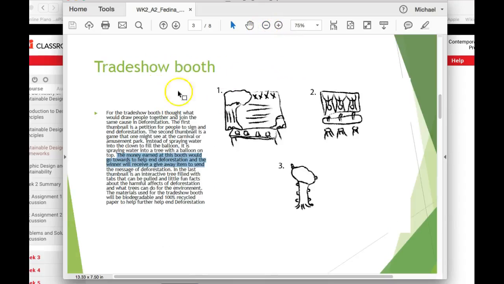The only thing missing from your trade show booth are your materials, and I need materials for everything here. All of your materials need to point to sustainability. Designing a trade show booth using recycled materials isn't enough. You have to tell us exactly what everything here is made from, including the substrate for the background, the ink used to print, the printing process, the tree, the game, the mechanism to run the game.